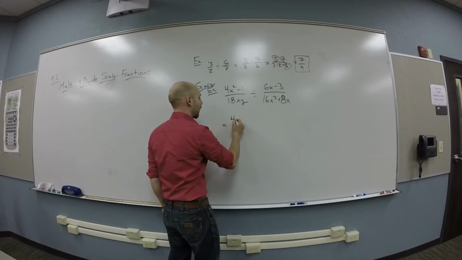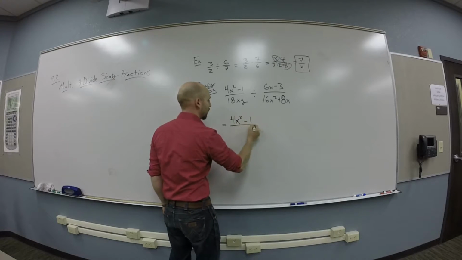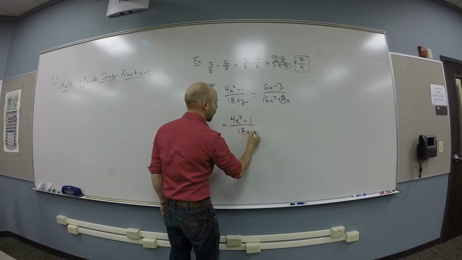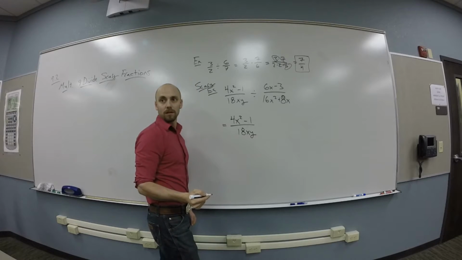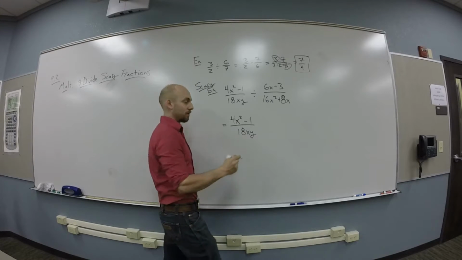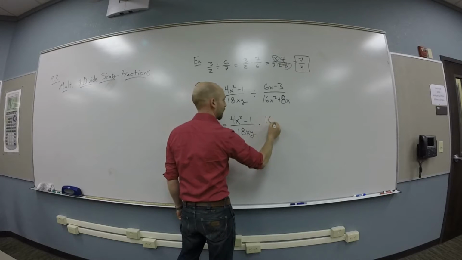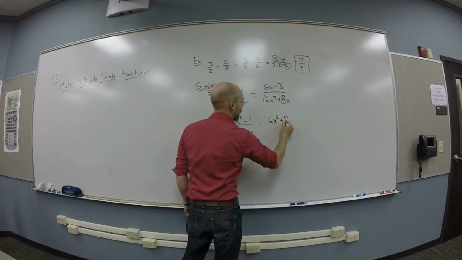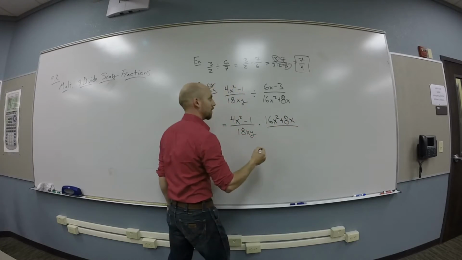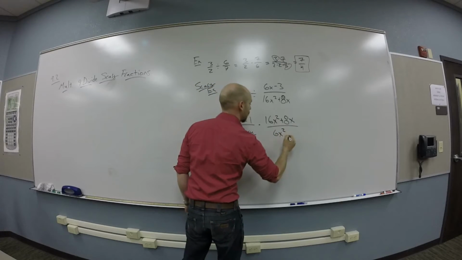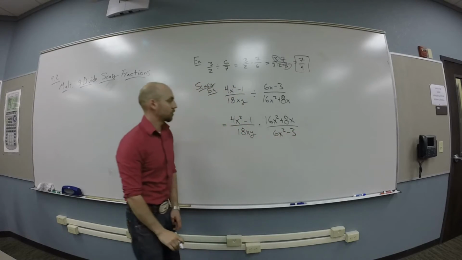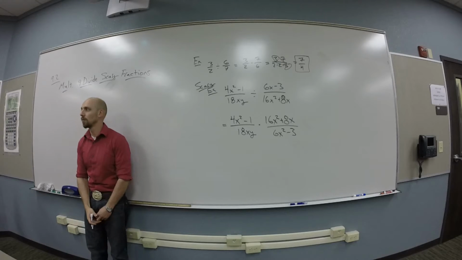So I've got 4x squared minus 1 over 18xy times 16x squared plus 8x over 6x minus 3. Now what?